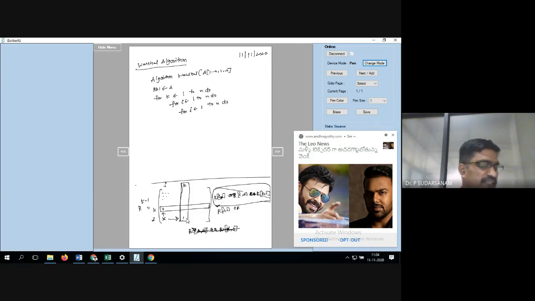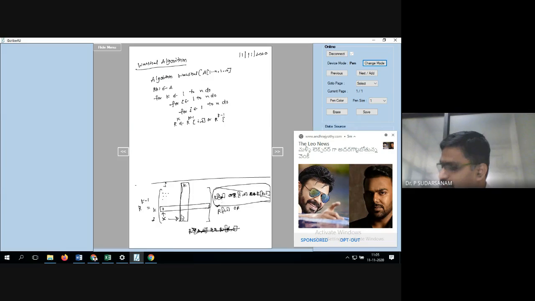Now tell me, R of k is equal to the resultant value, which is equal to R of k minus 1. For that, the first one is the location in the matrix, i comma j, of R to the power of k minus 1.